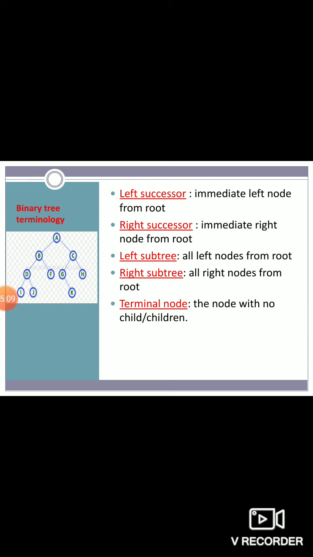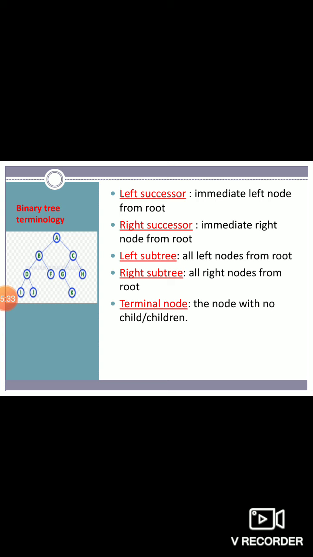Next one is the left subtree. All nodes to the left of the root are called the left subtree, and all nodes to the right of the root are called the right subtree, like C, G, H, K, which are all in the right subtree. Last one is the terminal node.